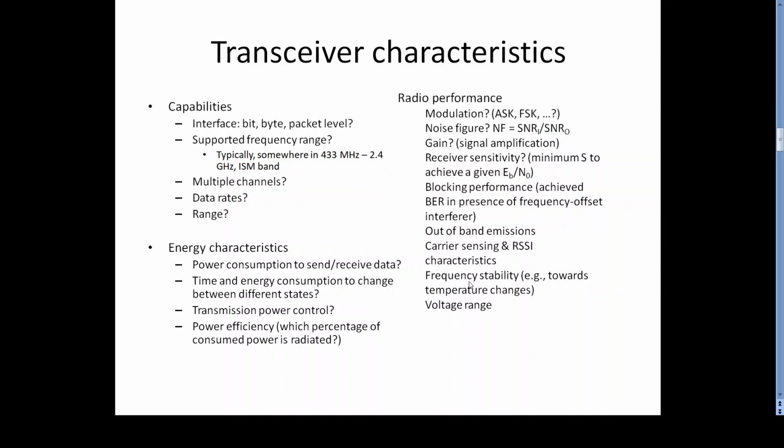For example, when one node is placed in sunlight whereas its neighbor node is currently in the shade. Next is voltage range. A transceiver should operate reliably over a range of supply voltages. Otherwise, inefficient voltage stabilization circuitry is required.